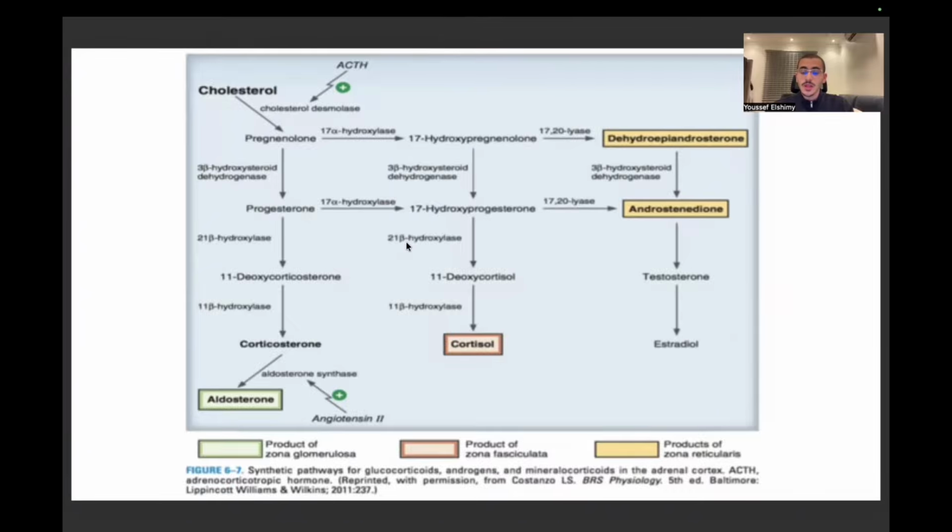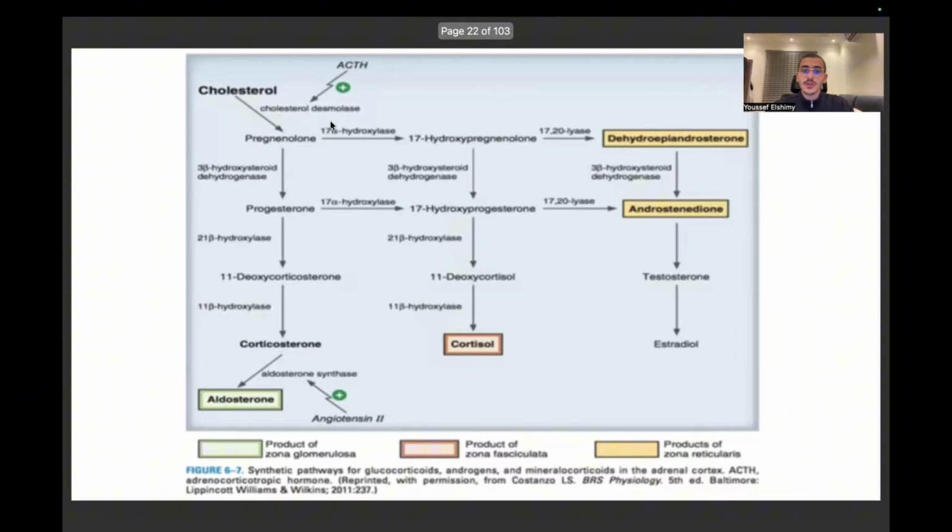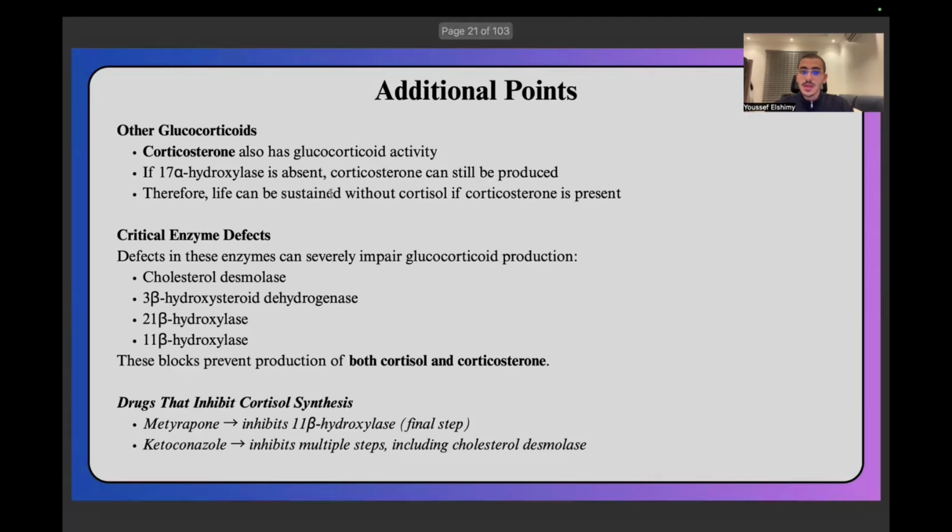But luckily, throughout this pathway, you're going to produce corticosterone, which has glucocorticoid activity. So in case the 17-alpha hydroxylase is deficient or absent, corticosterone can still be produced. And therefore, life can be sustained without cortisol because we already have corticosterone, okay?